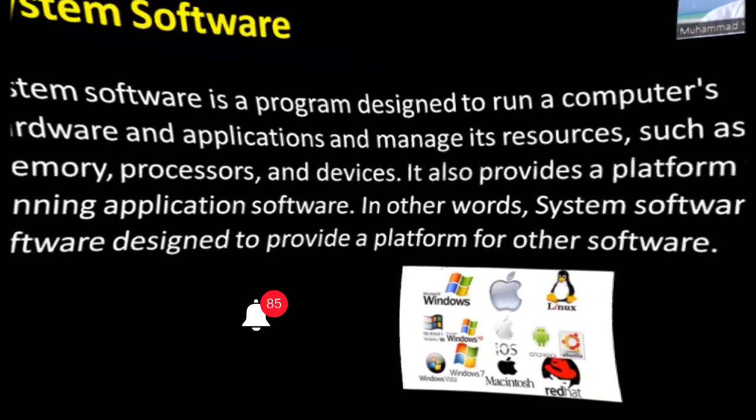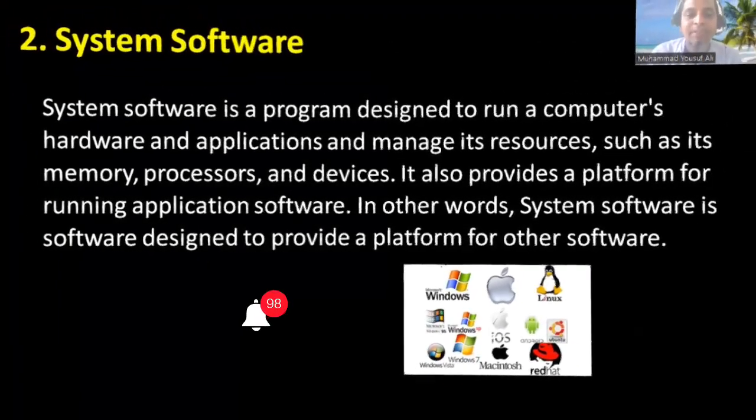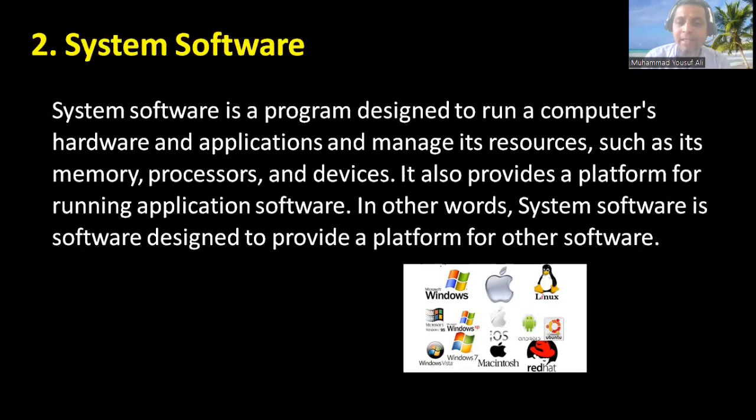Number 2, system software. System software is a program designed to run the computer's hardware and applications and manage its resources, such as its memory, processor, and devices. It also provides a platform for running application software.